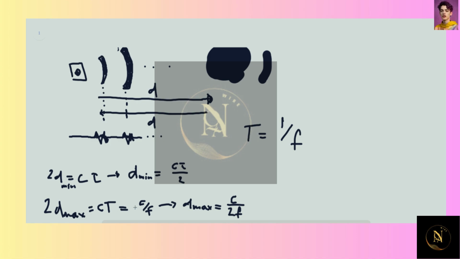You can also write this as the speed of light over frequency, because of this relation that we have here, that the period is just related to frequency with an inverse relation. And so rearranging this for d max, we find that the maximum distance at which you can accurately determine the range to an object is the speed of light divided by 2 times the frequency of the pulses.